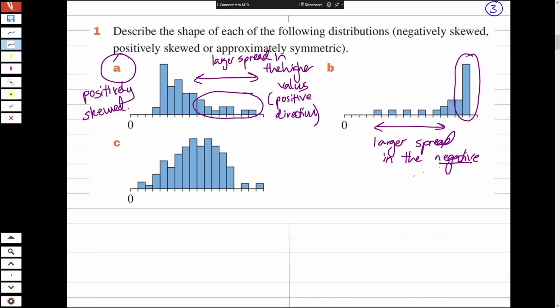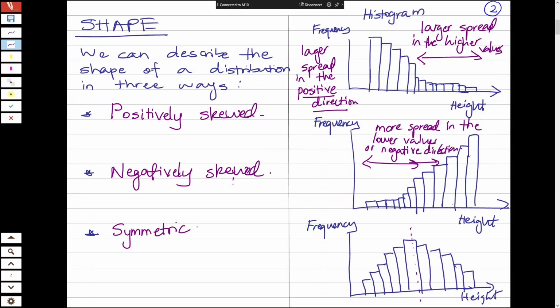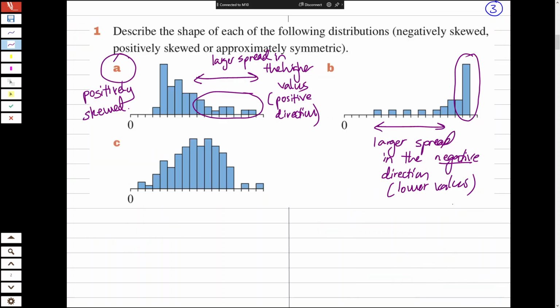That is the lower values. I know I'm sounding a bit pedantic here, but when I gave my test to the year 11s last year, more than half said this was negatively skewed. That's why I'm paying a lot of attention to this year. So yes, part B is negatively skewed, and Beck, this time we'll go to you.